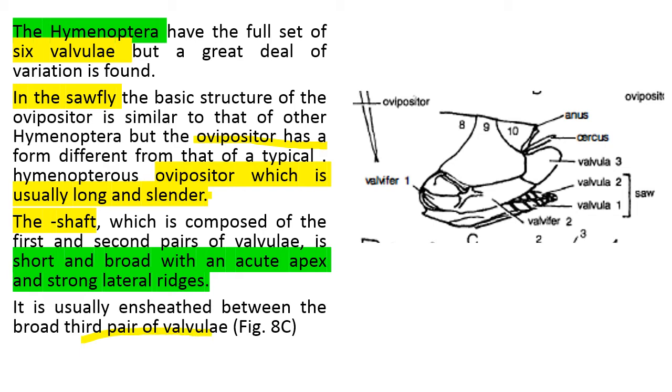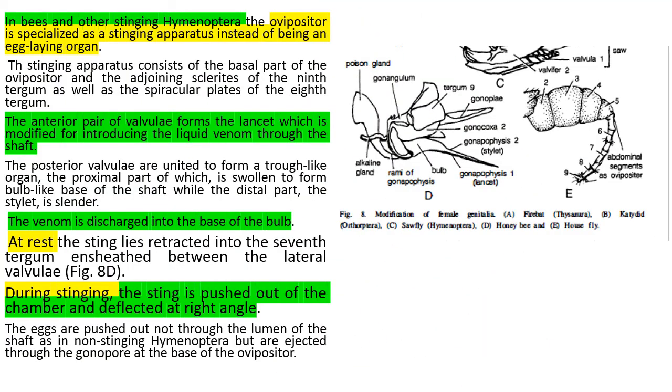So they are enclosed between the third pair of valvulae. So here you can see 3 pairs of valvulae in case of sawfly. So this is the valvifer 1, and this is valvifer 2, and three, total 6 valvulae on each side.